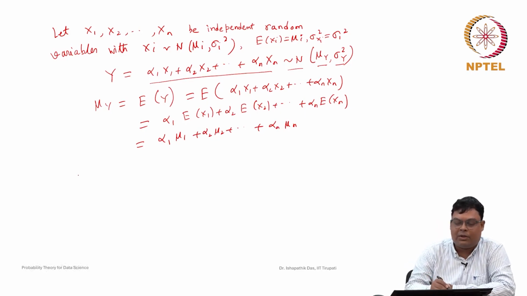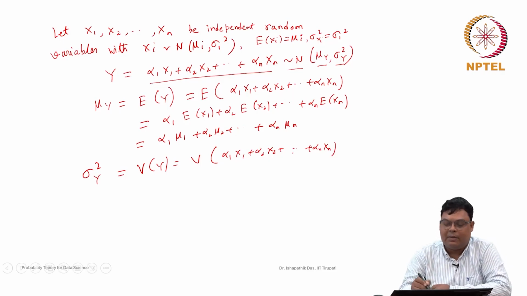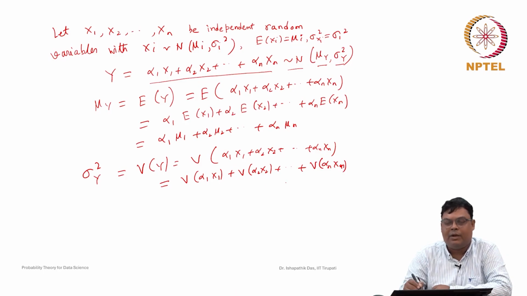Now, what will be the variance of this normal distribution y? Sigma square y is the variance of y, which is the variance of alpha 1 x1 plus alpha 2 x2 plus ... plus alpha n xn. Because they are independent random variables, we can write this as the variance of alpha 1 x1 plus the variance of alpha 2 x2 plus ... plus the variance of alpha n xn. Otherwise, there would be covariance terms, but we will discuss that when we learn bivariate random variables.